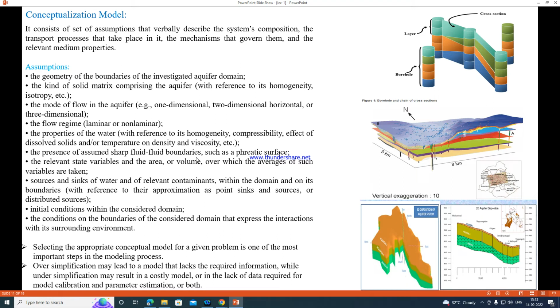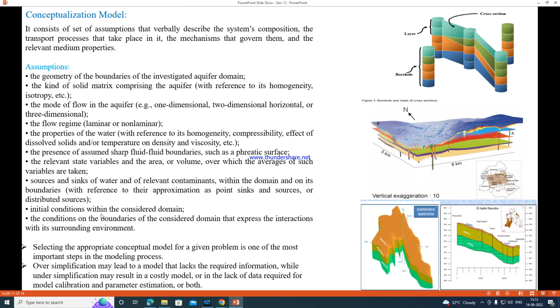Suppose there is some seawater intrusion; you have to collect samples and delineate the saltwater-freshwater interface boundary. And the relevant state variables, the area of variables, the sources and sinks of the water, and initial conditions.